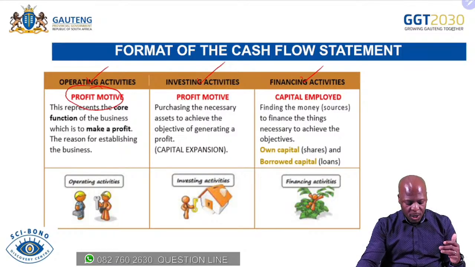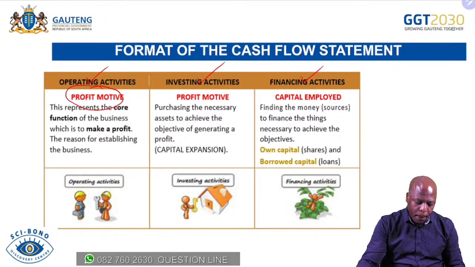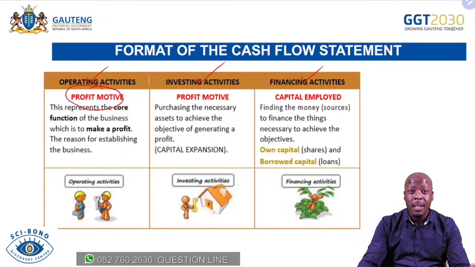What is the core function that we are using to generate profit? That is your operating activities. And then your investing activities: now we are looking at what equipment we are acquiring to achieve the objective of generating our profit. In other words, here we're talking capital expansion. Then the last part, as I said earlier on, is your financing activities. That is, how do we get the money to finance our objectives?